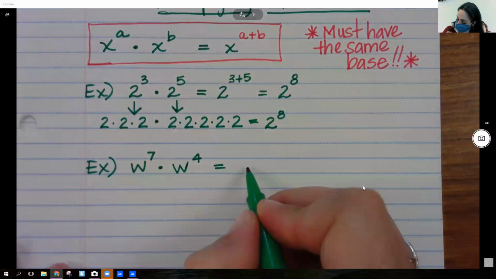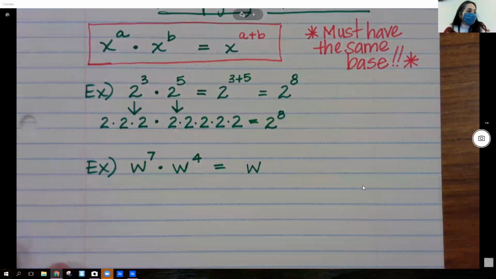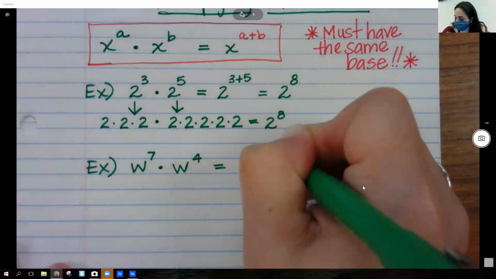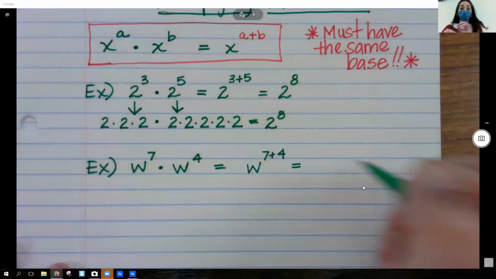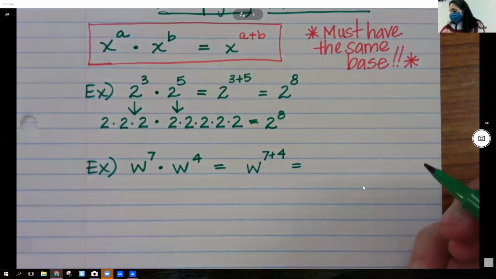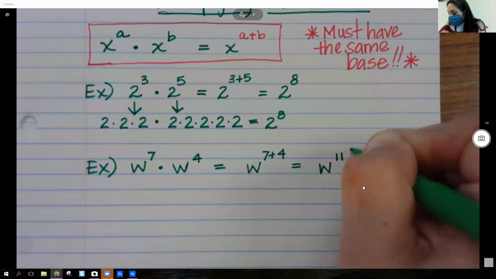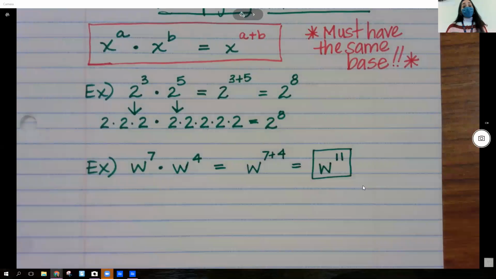Keep the base, which is W, and then you're going to add the 7 and the 4. When you add them, they go up in the top. So it'll be W to the 11th power. And that's your final answer. You can't go any further than that. That's it.